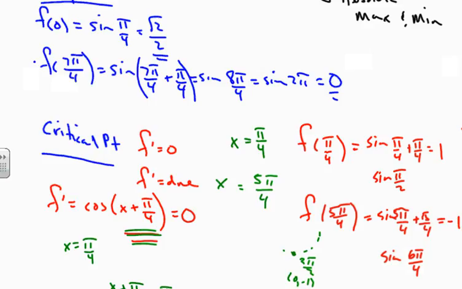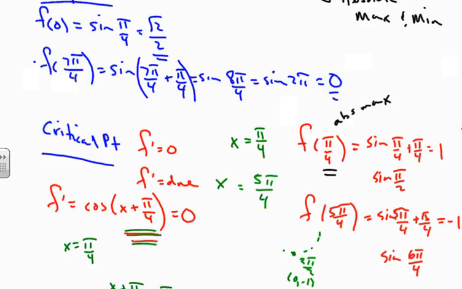Looking at all of our values, we realize that our highest value in this case happens to be located at pi over 4. So our absolute max is going to be here at pi over 4.